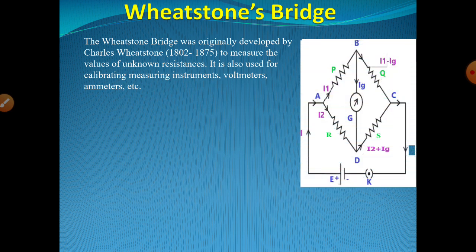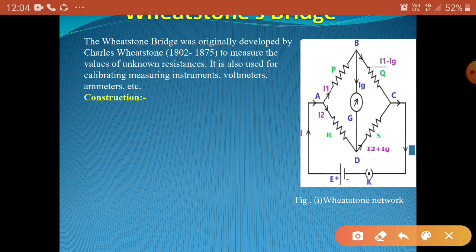First of all, we have to see the construction of the Wheatstone's bridge. In Wheatstone's network, four resistances P, Q, R, S are connected to form a quadrilateral ABCD. See in this figure, P, Q, R, S are four resistances connected to form a quadrilateral.